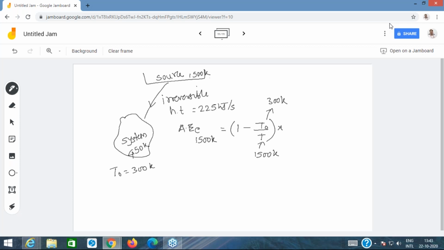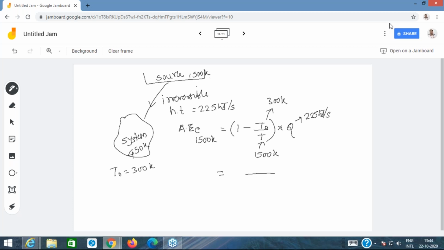This Carnot engine is given the heat 225 kilojoules per second. So this will give you the available energy of the source.